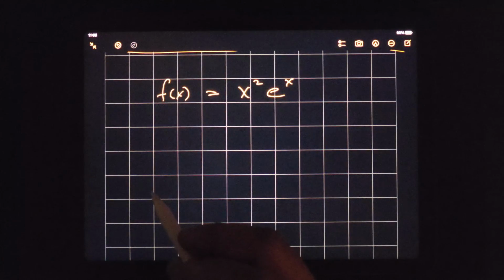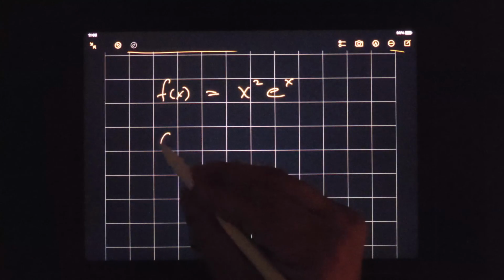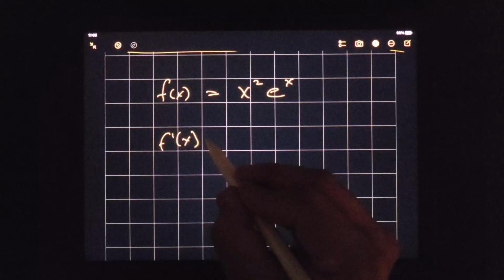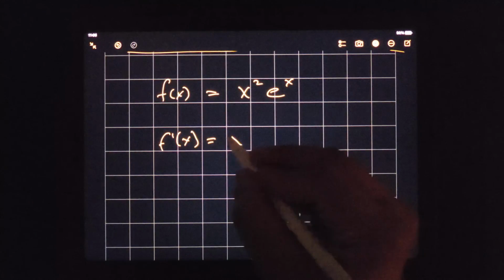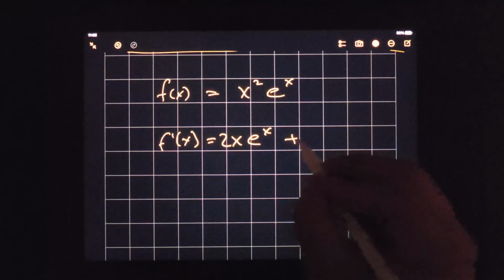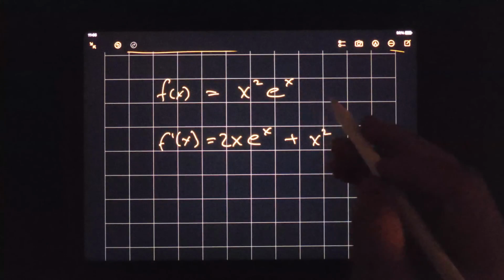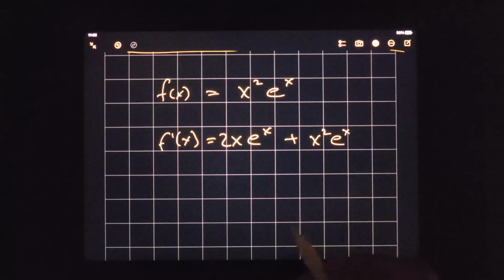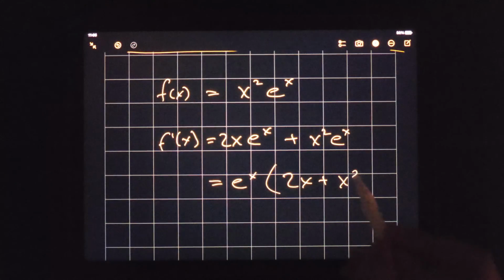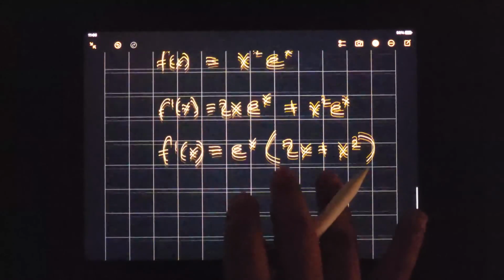So we can put the derivative of x squared times e to the x plus x squared times the derivative of e to the x, which is also e to the x. So now we can just simplify, e to the x factored out, to x plus x squared. Simple as that.